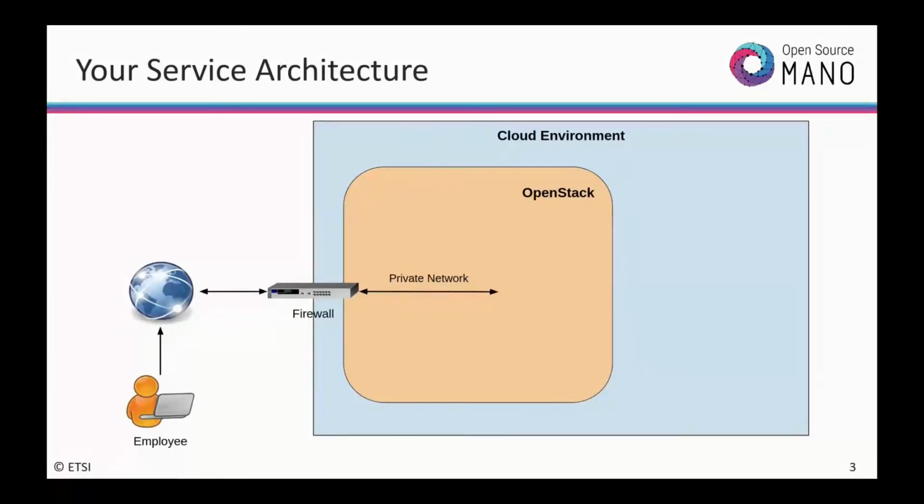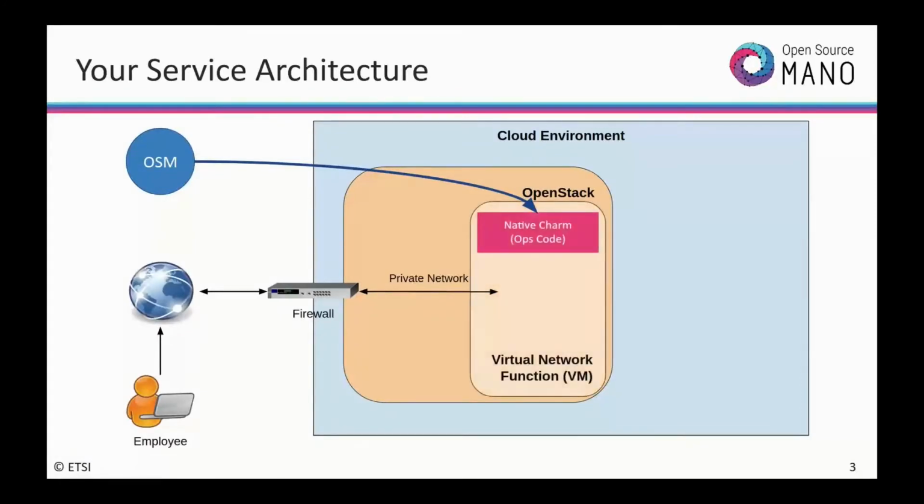So we have our private network. We have OSM. It's aware of OpenStack. Now we're going to tell it to launch a virtual network function that contains some native operations code, a native charm. When that charm starts up, it's going to take this VM and launch the full desktop on it.